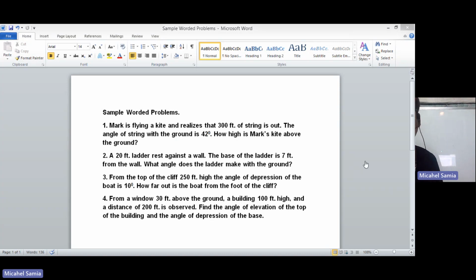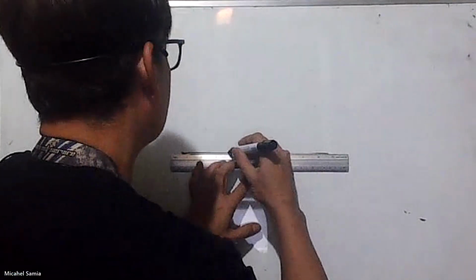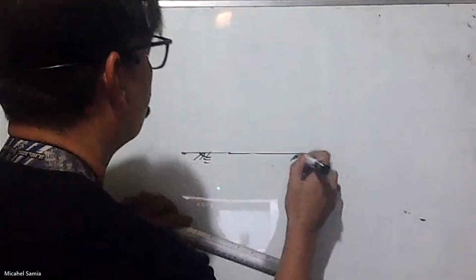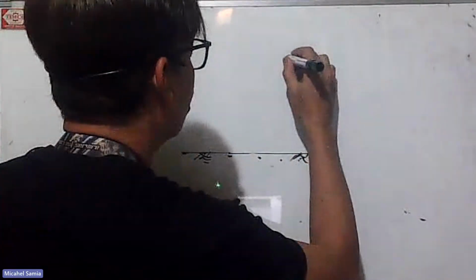So I'll move the share tray so we can draw. Let's say you have your ground here. Then you have a kite. Let's draw a kite.